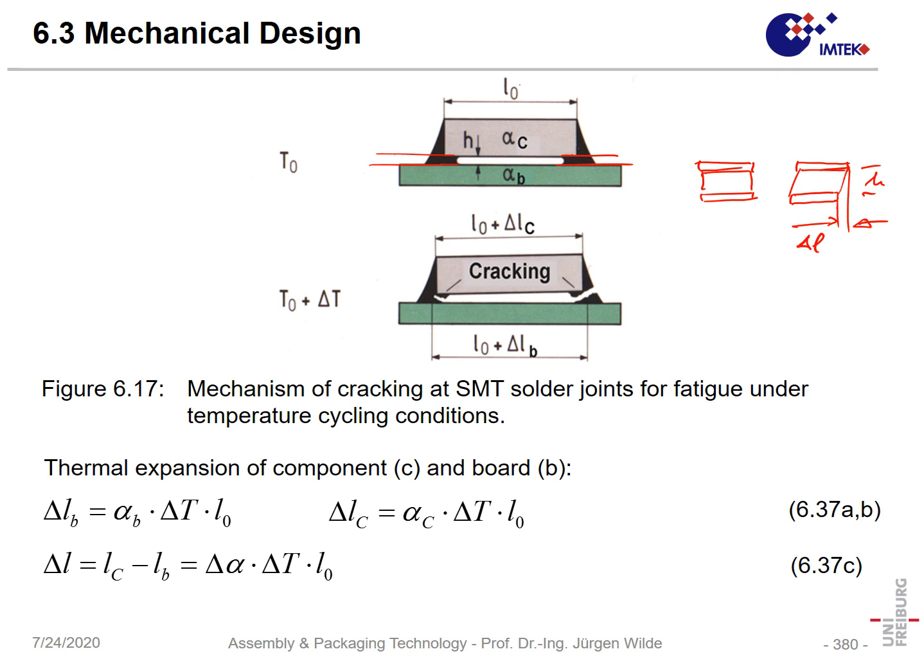And so the total delta L is the difference between the two length changes, and so it is delta alpha delta T times L0. On the other hand, we must say that's a total length change. The length change per side is only half of this.